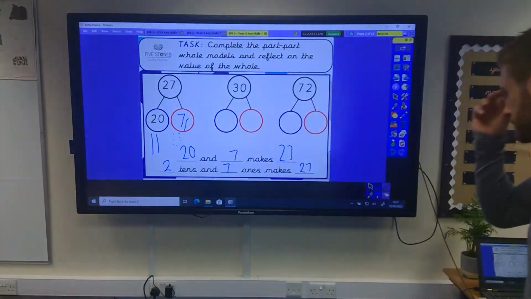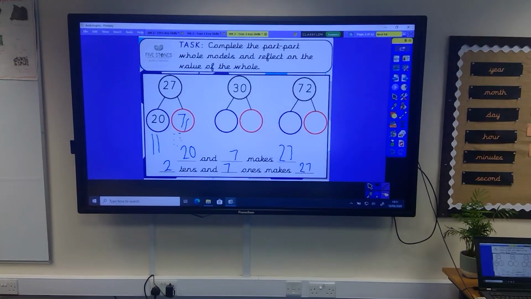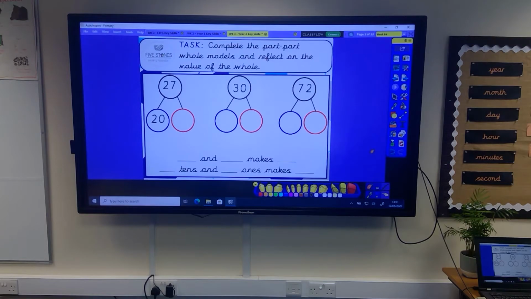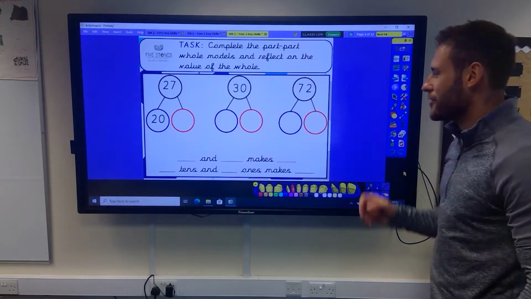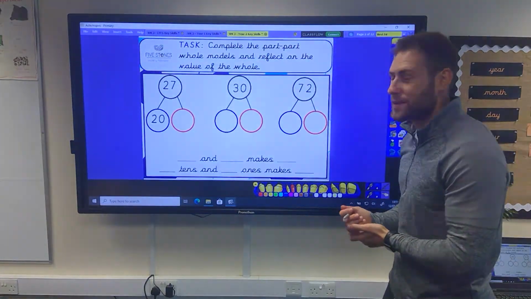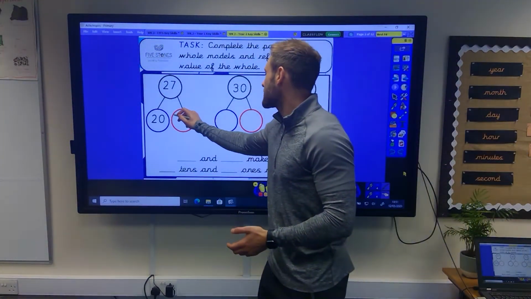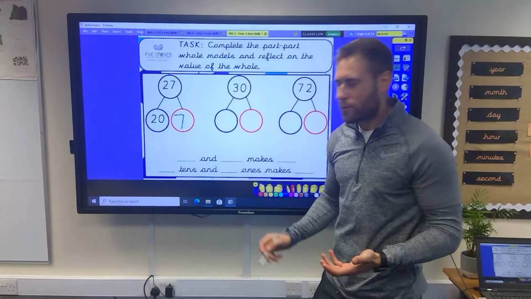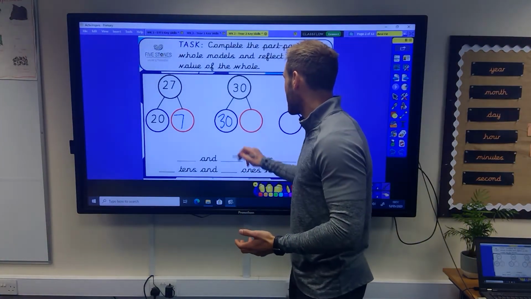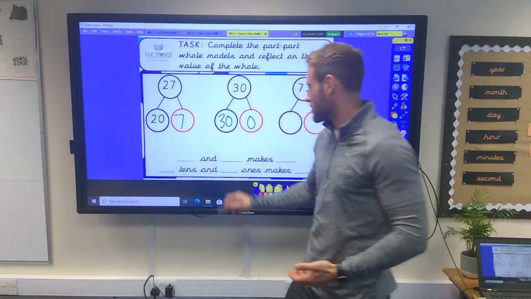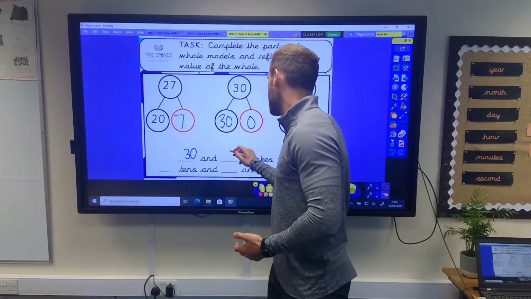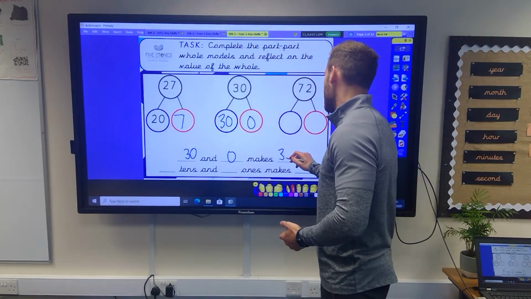Off you go. Doing 30 by yourself. Right, okay. So yes, if we were going to split them into tens and ones, we would end up having 30 and 0. So 30 and 0 makes 30.